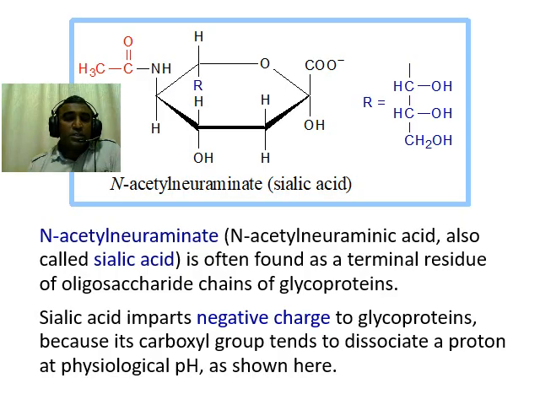Here is an example of a very complex sugar derivative, known as acetyl neuraminate or sialic acid. It plays a role in glycoproteins, where the glyco part is the sialic acid, and it gives a negative charge to the glycoprotein.